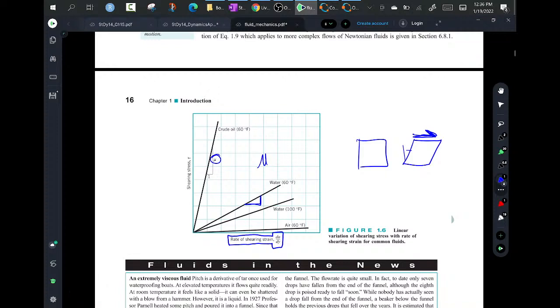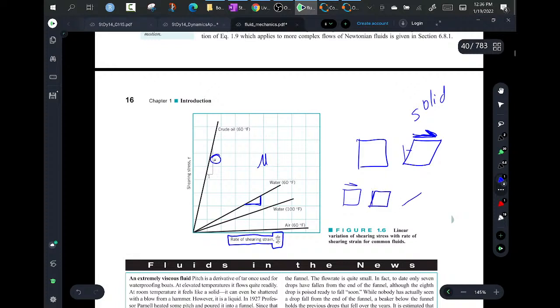If it does and doesn't continue, then it's a solid. If you put it under a stress and it deforms, and then a few seconds later it deforms more, and then a few seconds later it deforms even more, and continues to deform under the same stress, then it's considered a fluid.